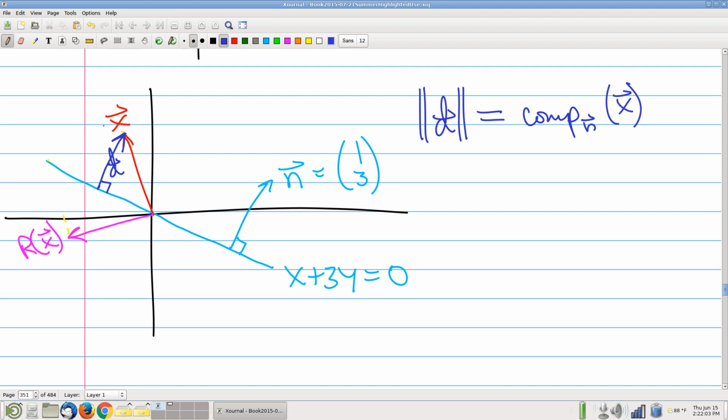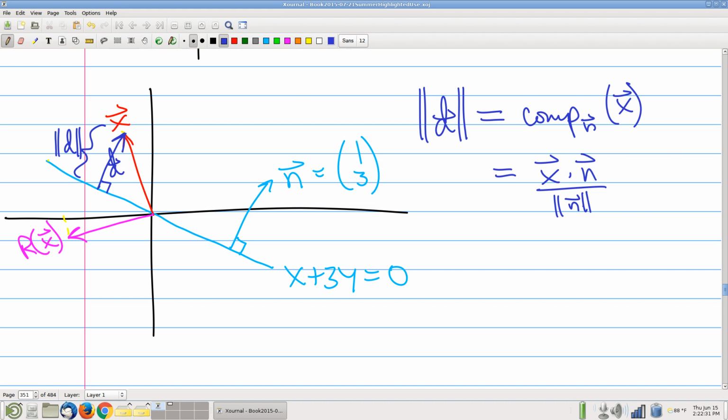That's this distance. So that tells me that. And by the way, I know how to do this component. This is x dot n divided by the magnitude of n. That's how we compute components.